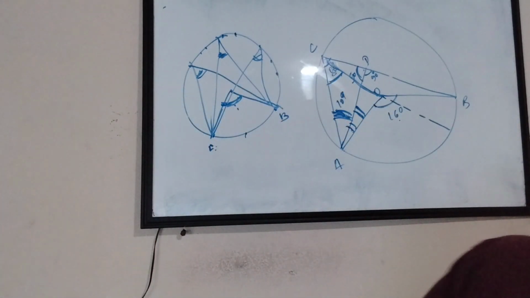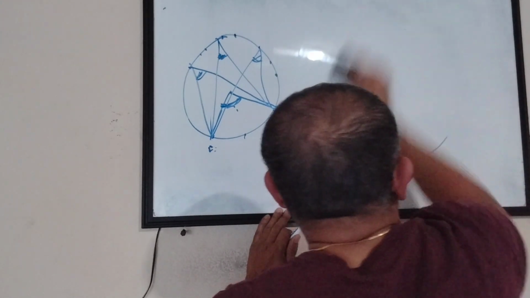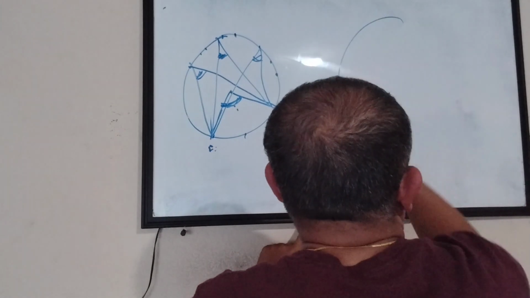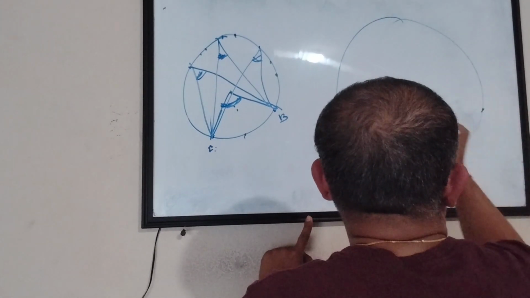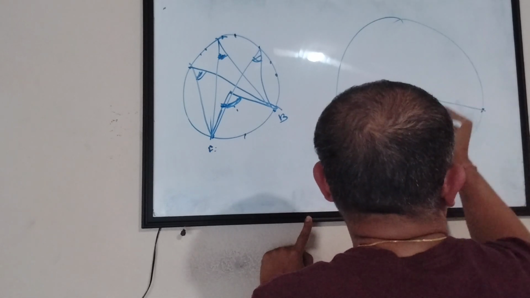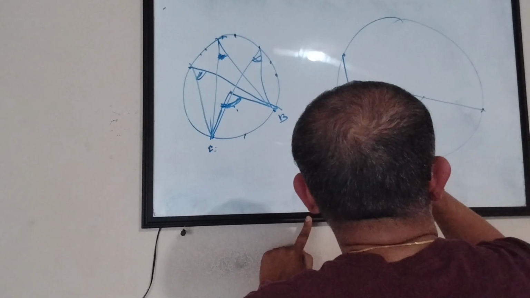It is looking messy actually. Let me make it a little clear. This is my circle. These 2 points are making 160 degrees here. I picked up a point here.